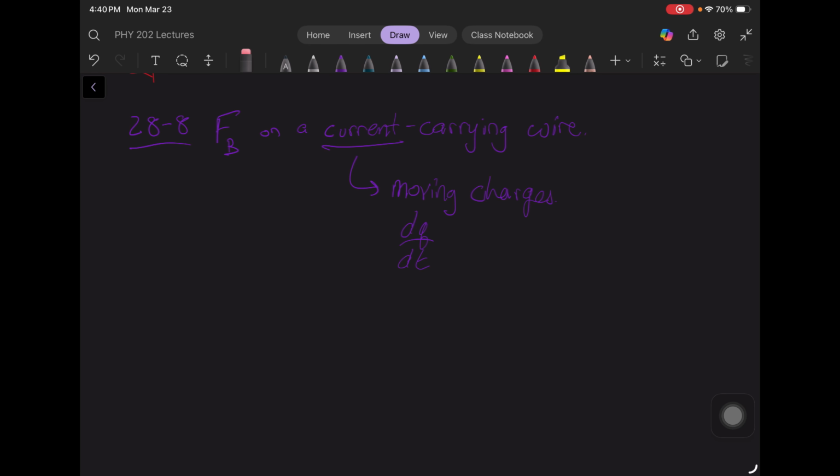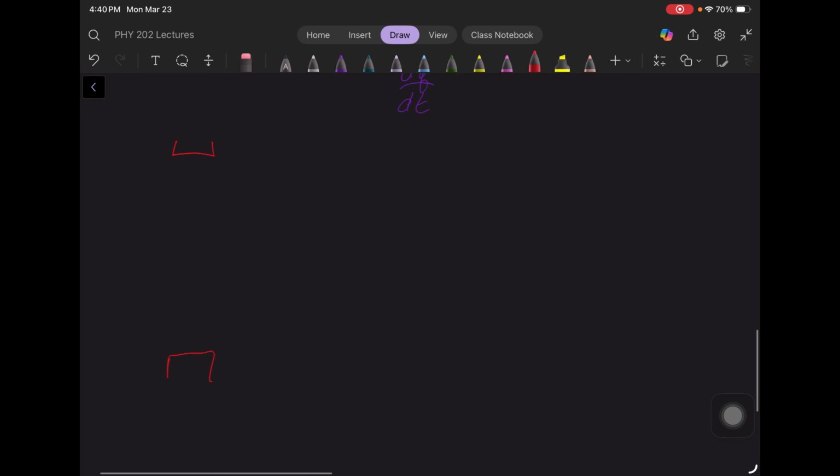And so let's see. Let's have kind of 3 setups. Okay, so we'll call this A, we'll call this B, and you guessed it, this one's C. And so we'll go ahead and we'll have some kind of a magnetic field.